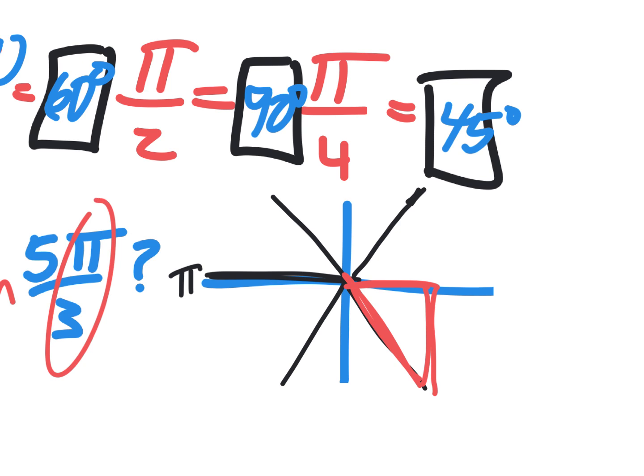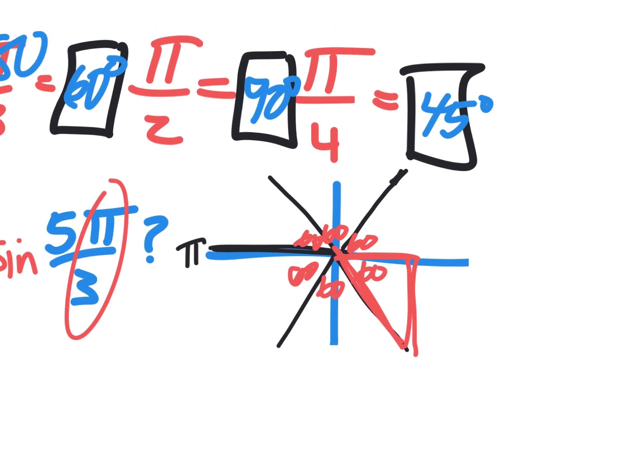I look back to the pi over 3's and know that they're 60s. All of these are 60, 60, 60, 60, 60, 60. See how that works? So if that's 60s all the way around there, then this must be a 30. And then the one across from the 30 is a 1. This is a 2. And this is the square root of 3.